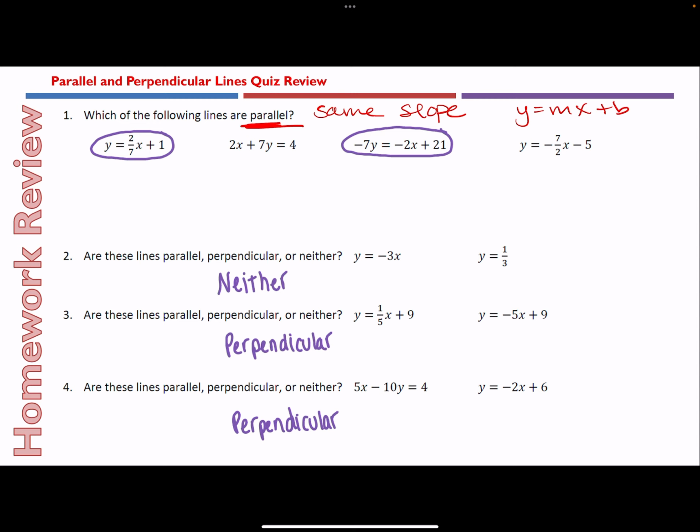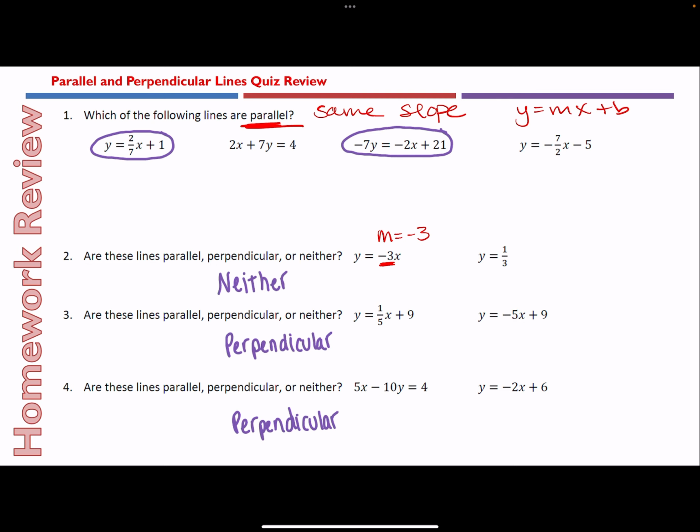Number 2, are the lines parallel, perpendicular, or neither? Again, you find the slope. If they're parallel, they're going to be the same slope. If they're perpendicular, they're going to be opposite reciprocals. Number 2 is a little tricky. These are already in y equals mx plus b. Here the m is -3, but if you look closely, the second one is y equals 1/3.